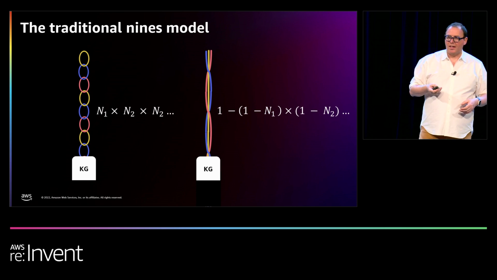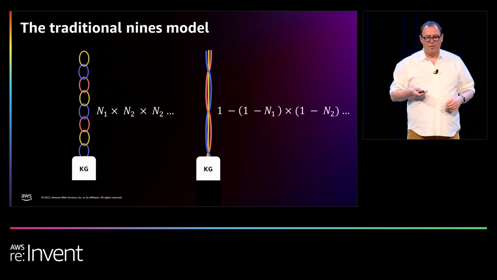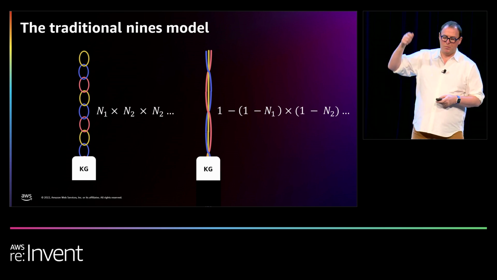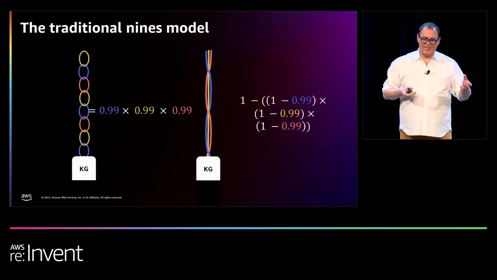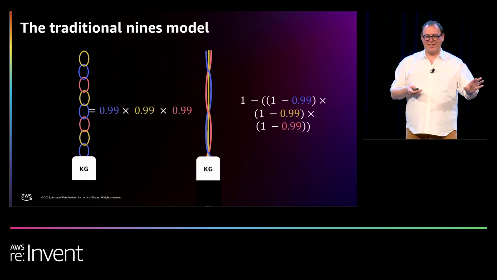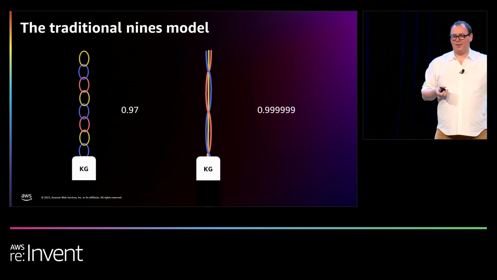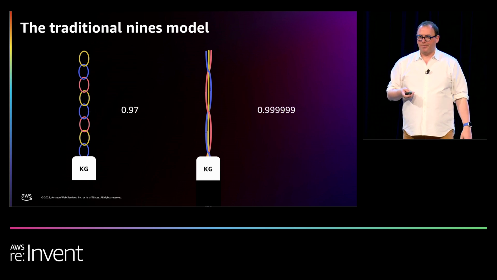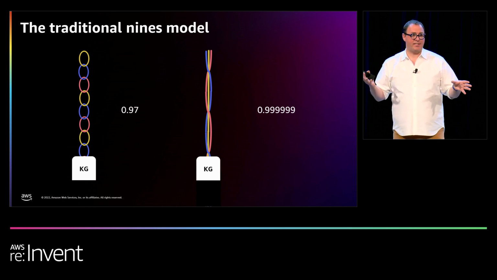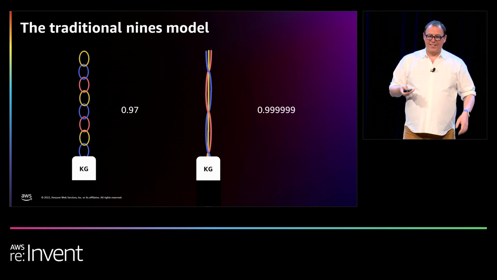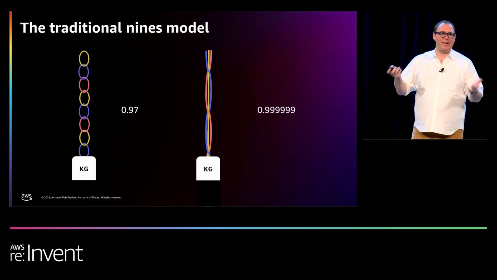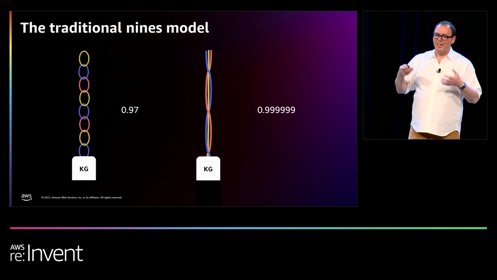The availability can go down for the chain, but go up for the braid, because one piece of rope can save the day as far as a braid is concerned. And if you do the math, you'll get lower availability for the chain than for the braid. And I've seen people apply this to distributed systems and systems design, and they end up getting disappointed. It doesn't really work.